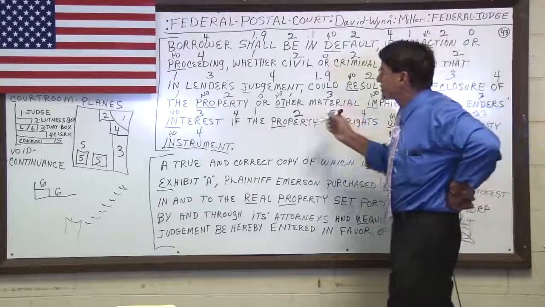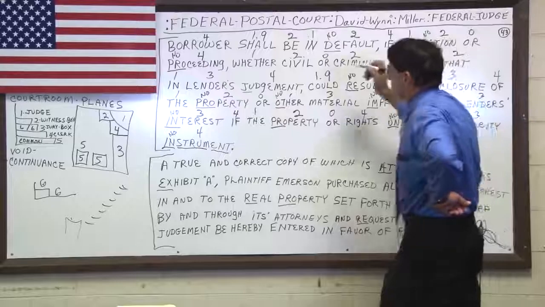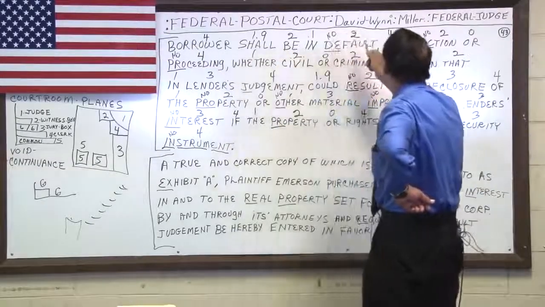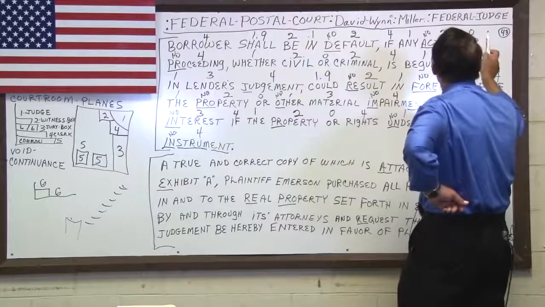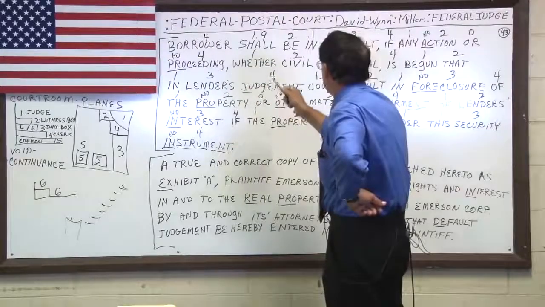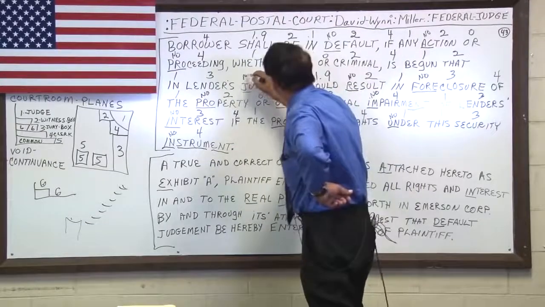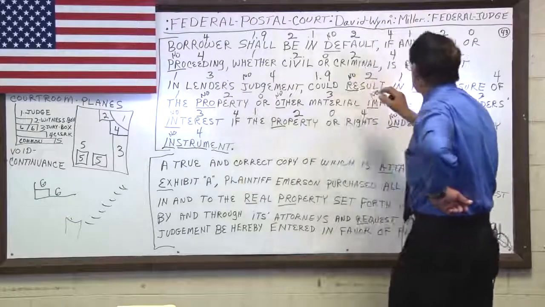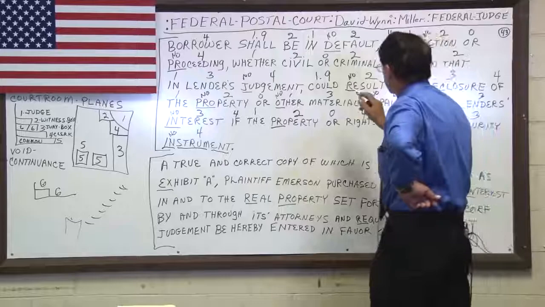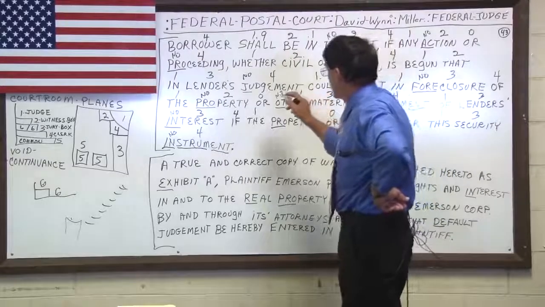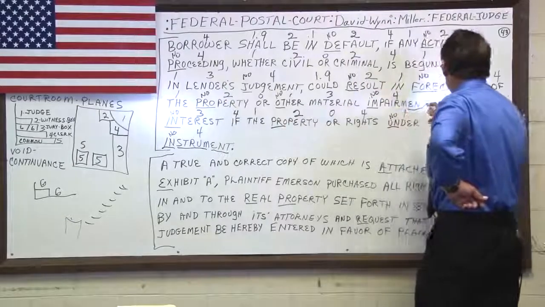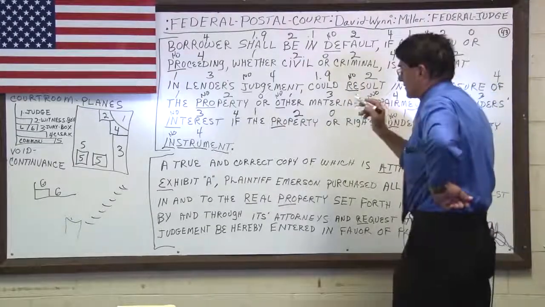So where we started off with 43 words, we now have 1, 2, 3, 4, 5, 6, 7, 8, 9, 10, 11, 12, 13, 14, 15, 16, 17, 18, 19, 20, 21, 22, 24, 25, 26, 27, 28, 29, 30, 31, 32, 35, 36, 37, 38, 39, 40, 41, 42, 43.